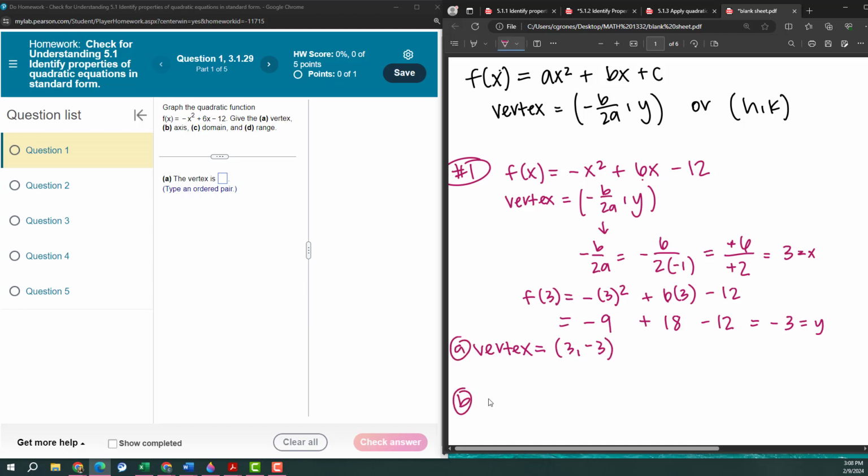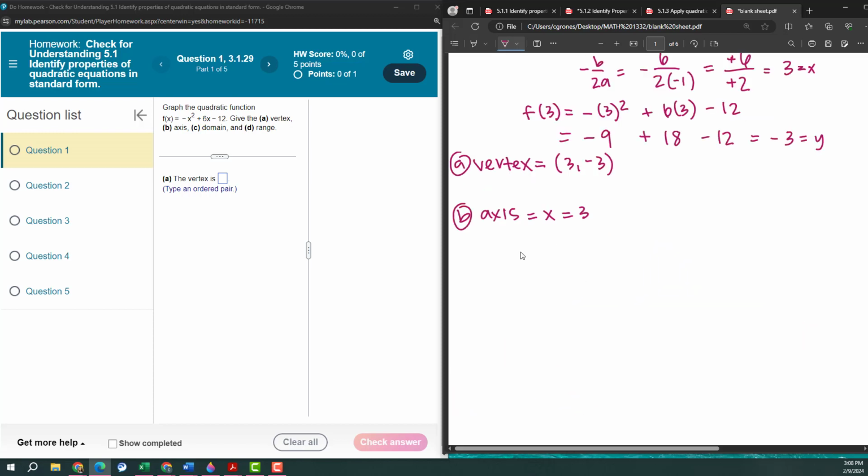All right, B is going to be our axis. That is going to equal x, which is going to be 3. C is going to be our domain. And let's go ahead and graph this.